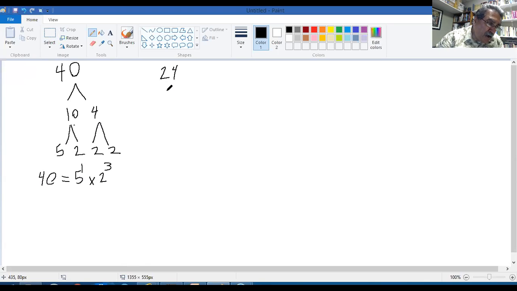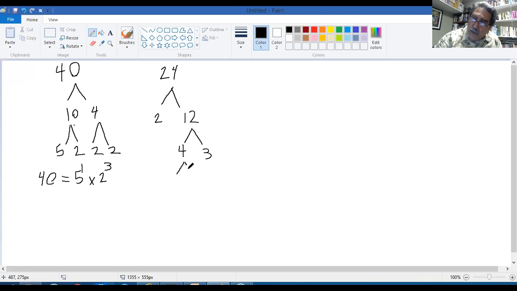Now, because we have 24 women, and they are to be divided into teams, the number of women placed on a team must be a divisor of 24. So we do a prime factorization tree. 24 is 2 times 12. We stop here because this is prime. 12 is 4 times 3. You stop here because this is prime.